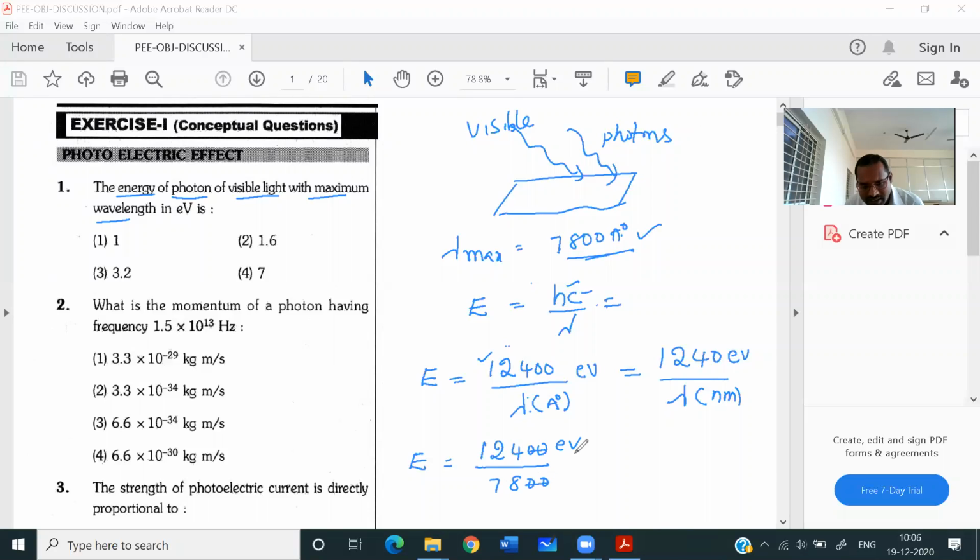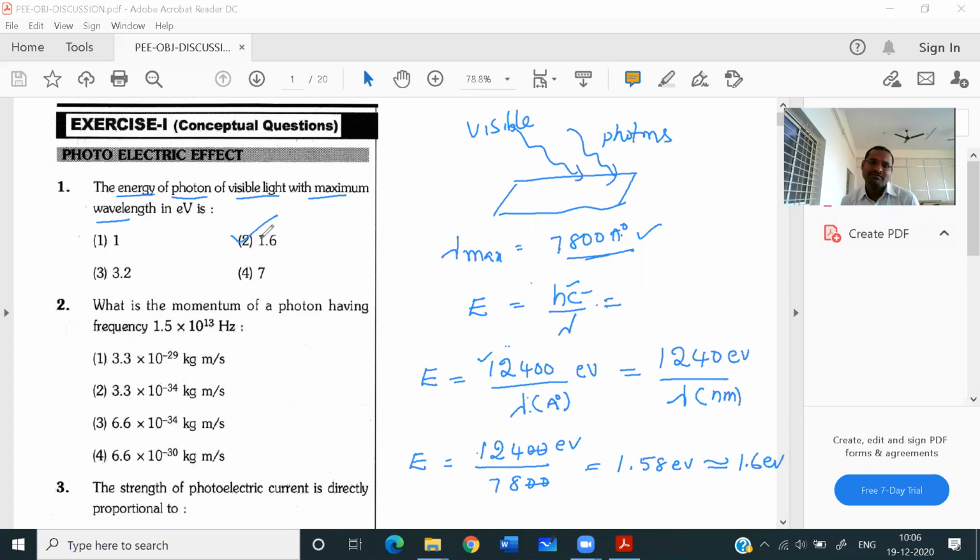Two zeros cancel, 124 by 78. Just now I have done that calculation. It will come out to be 1.58 electron volt, approximately equal to 1.6 electron volt. Yes, option 2 is the correct answer.